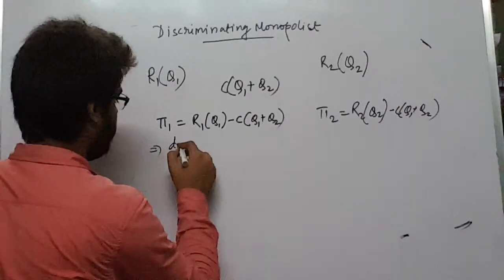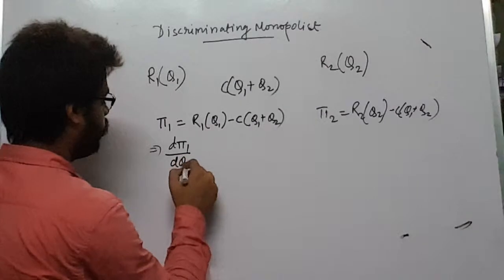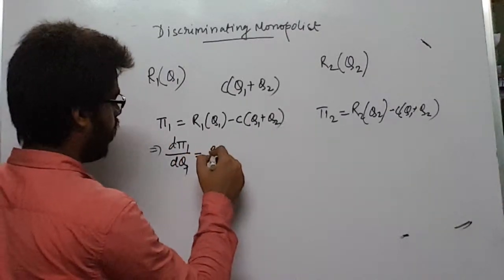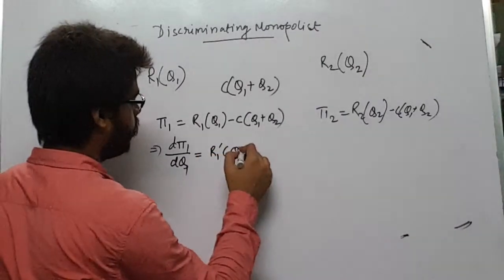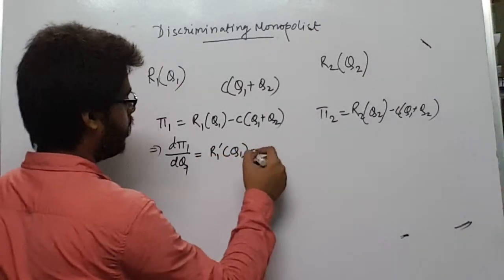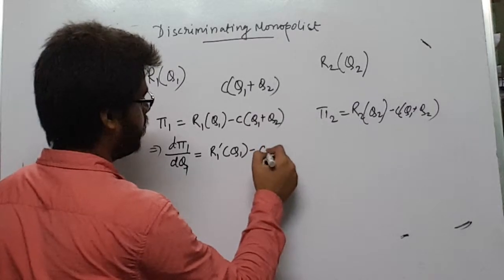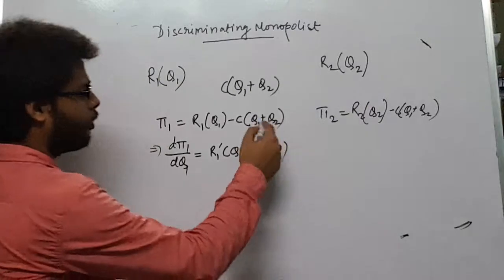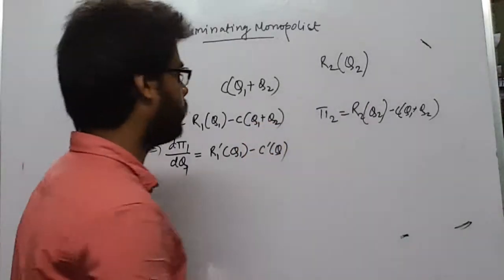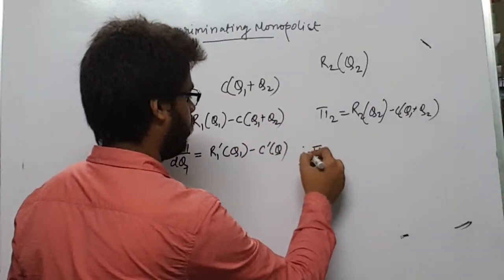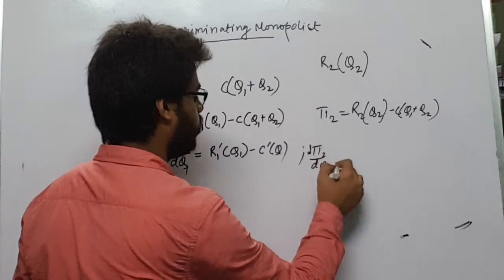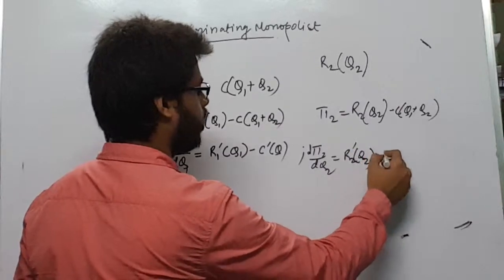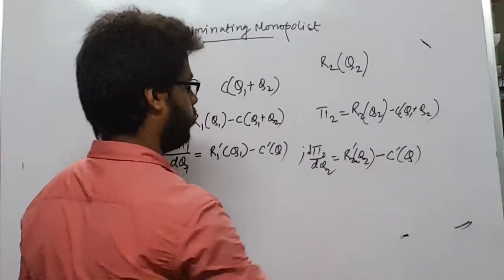So d pi 1 by dQ1 would be R1'(Q1) minus C'(Q). In case of Q1 plus Q2, we are just writing Q for simplicity. And d pi 2 by dQ2 would be R2'(Q2) minus C'(Q).